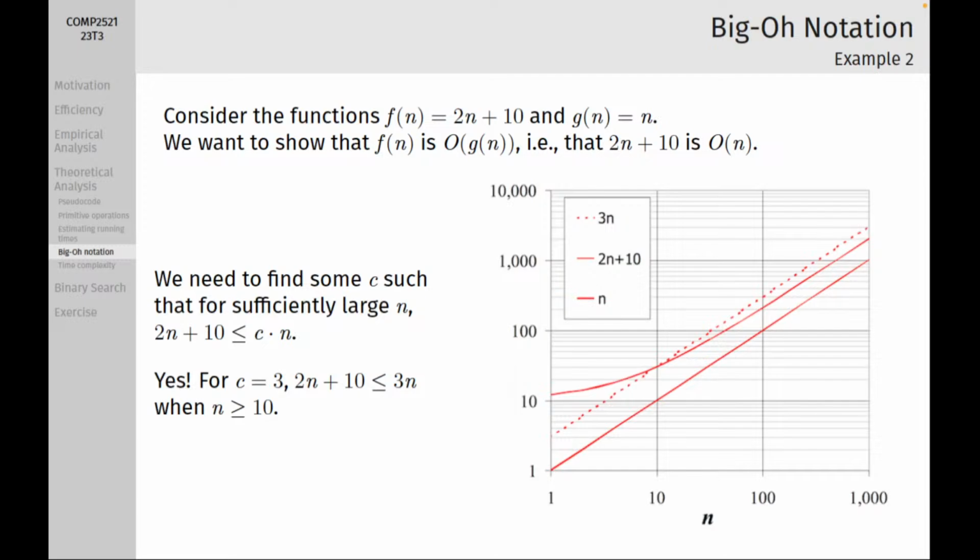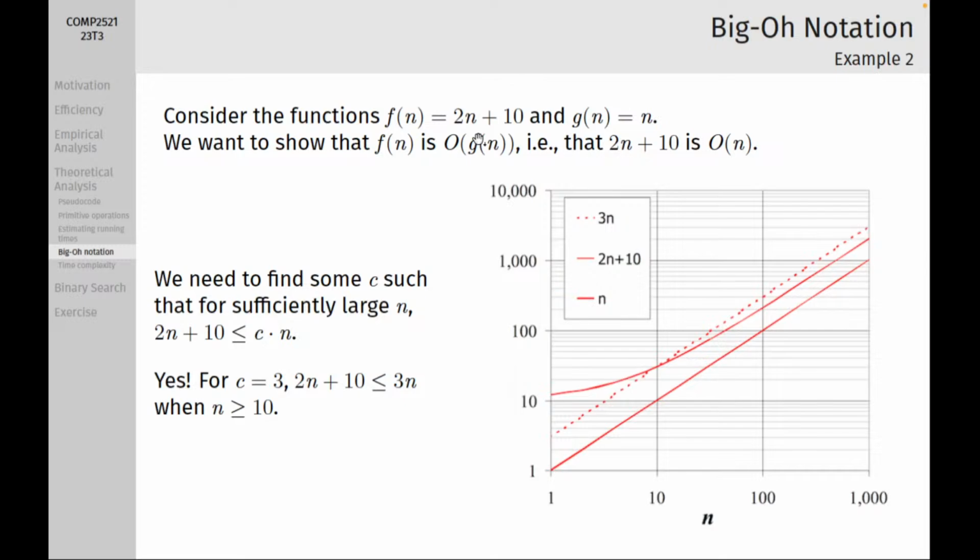Would you use it for anything? I guess this shows us that 2n plus 10 is big O of n. There are some slides later that should clarify things.